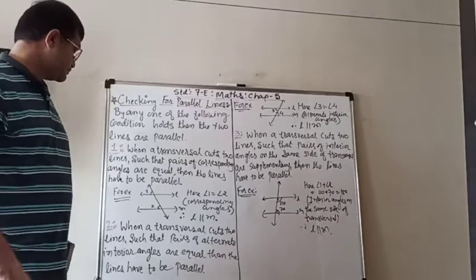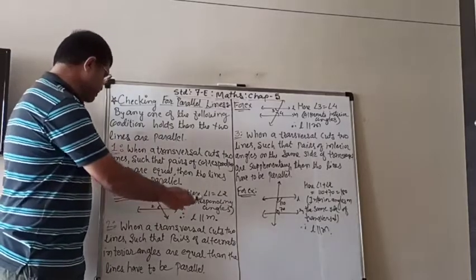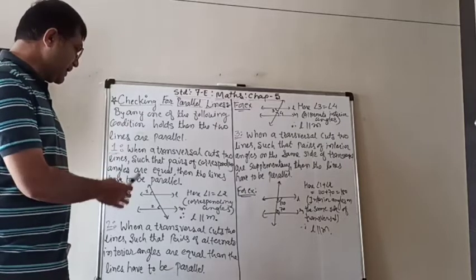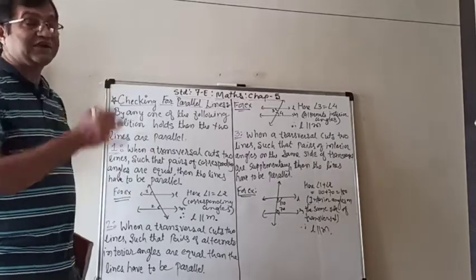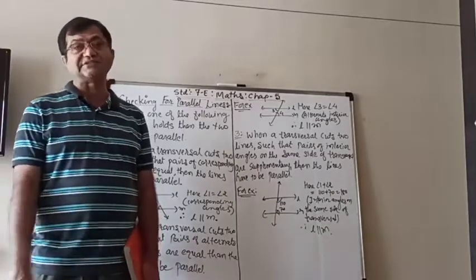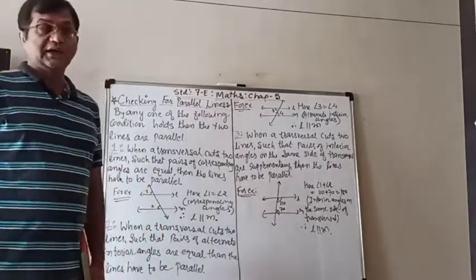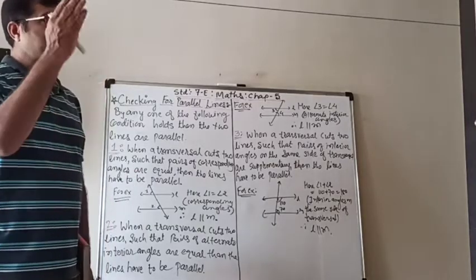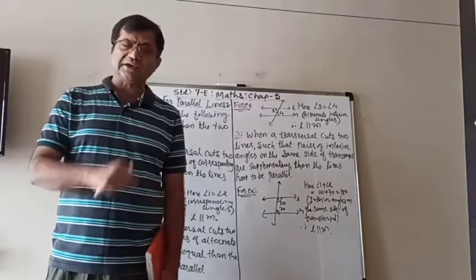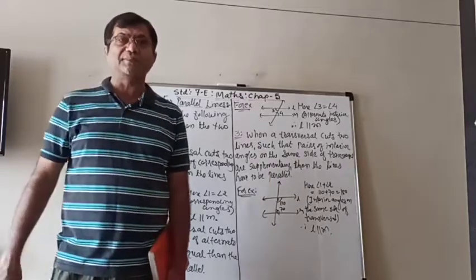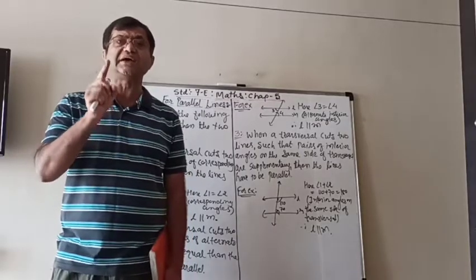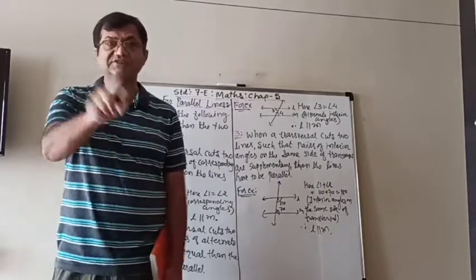Second condition. When a transversal cuts two lines such that pairs of alternate interior angles are equal, then the lines have to be parallel. It means that if you see the figure, check whether any one pair of the alternate interior angles, which makes a Z, is equal.